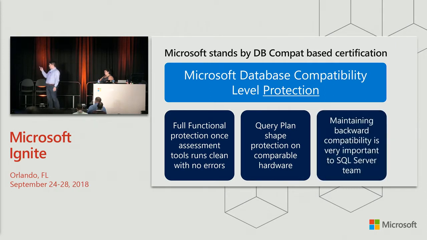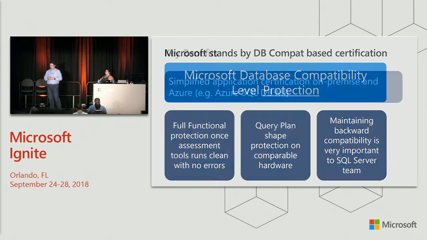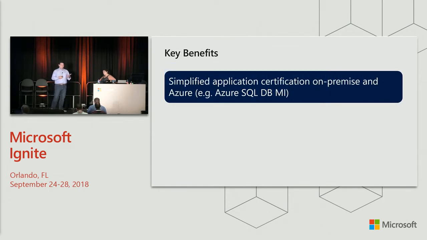And that is because the unspoken feature of SQL Server, and for the SQL Server team, that we strive to uphold the most, is backwards compat. So that is the unsung feature of SQL Server. Now, the key benefits of certifying on a dbcompat rather than a named SQL Server version start to unravel.